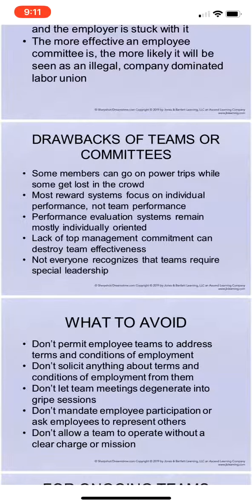It is necessary to change employees' concept of evaluation from a focus on the individual to emphasis on the team. So your performance evaluation system remains mostly individual oriented, not team oriented. Next section, top management commitment. In addition to the foregoing, lack of top management commitment to the process is a sure means of destroying effectiveness.